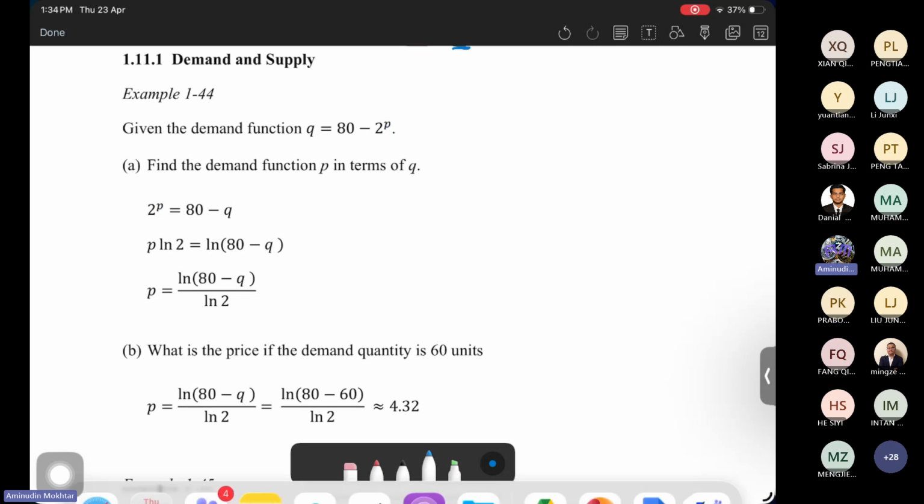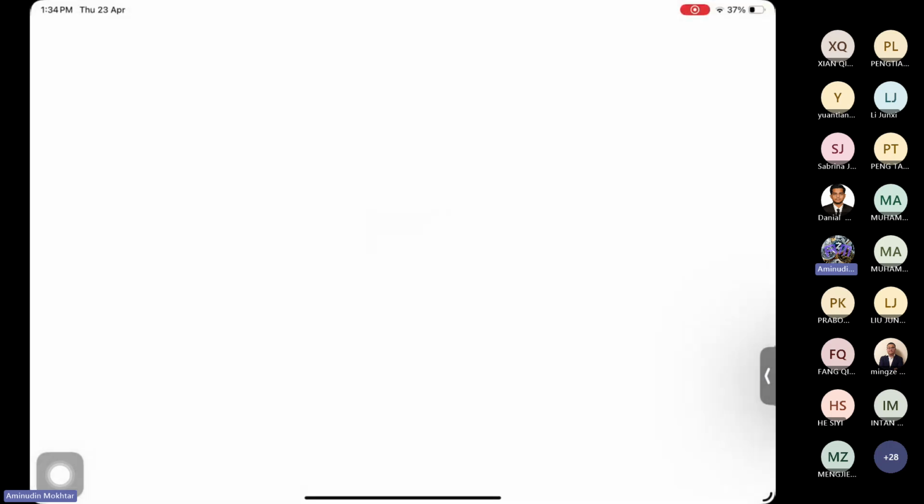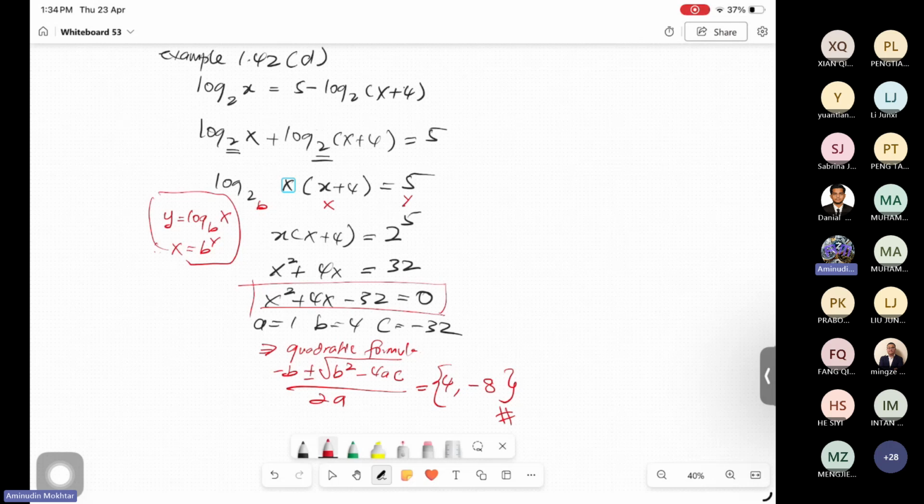Okay, please refer to this example. How do we apply the log and exponent at the same time in this example?